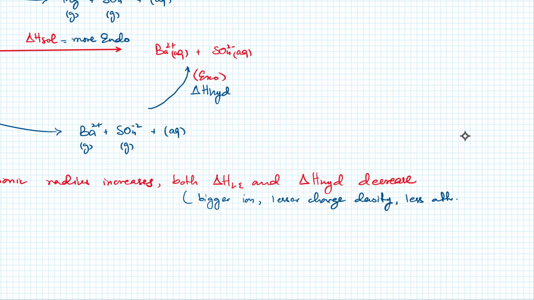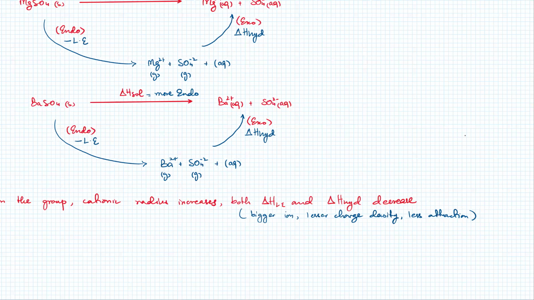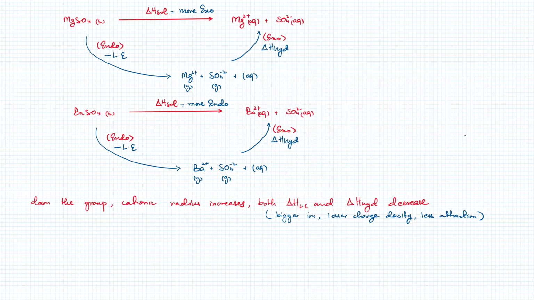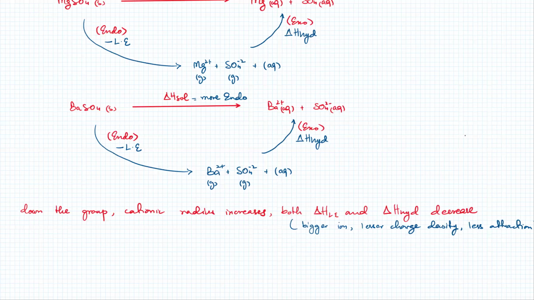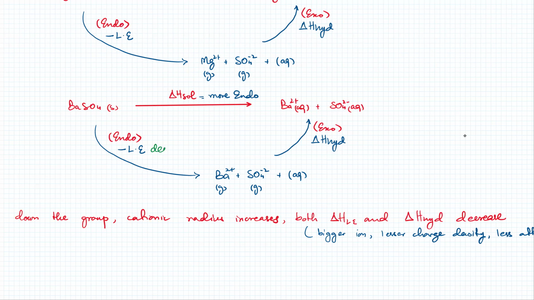Is this clear that bigger ions always have less attraction because they've got lower charge density? Is that clear? Yes, sir. Okay. So both of them are decreasing. If I write this over here, your lattice energy decreases, and at the same time your enthalpy of hydration also decreases.